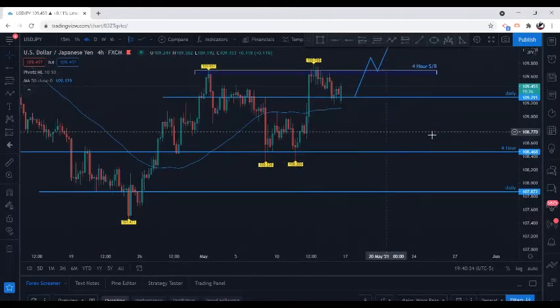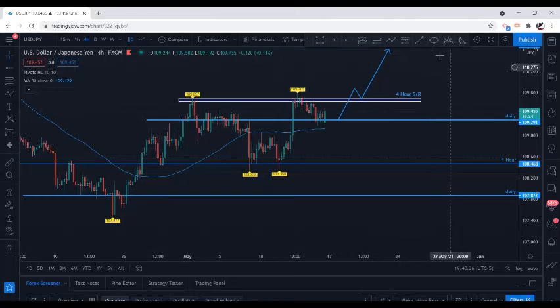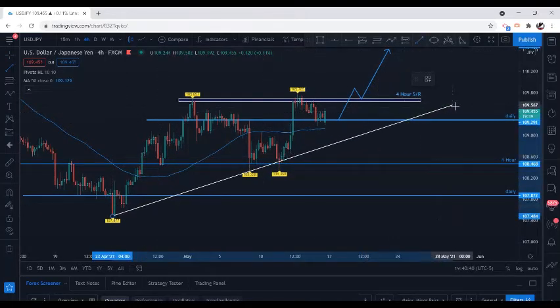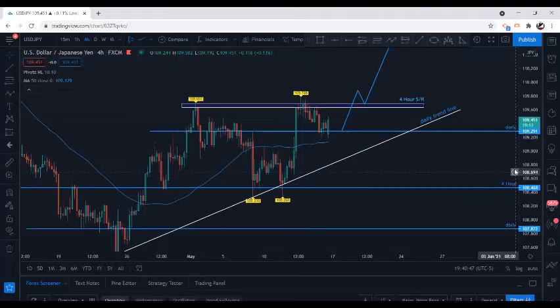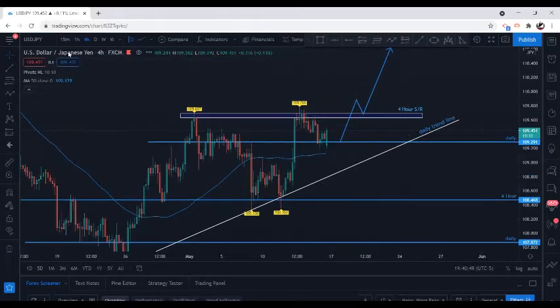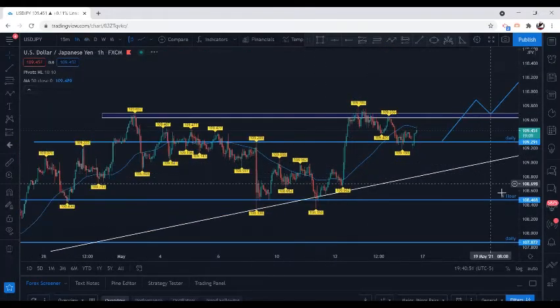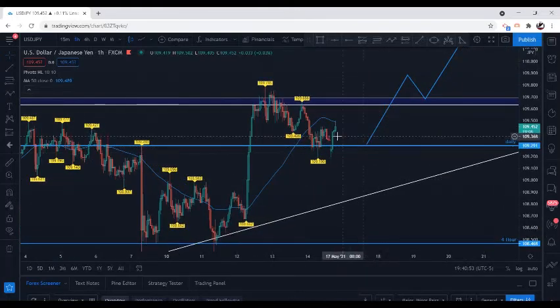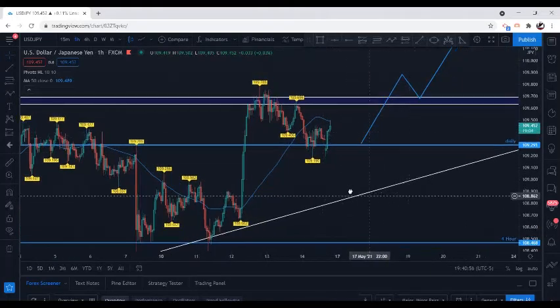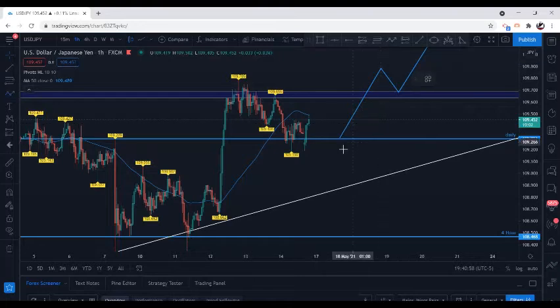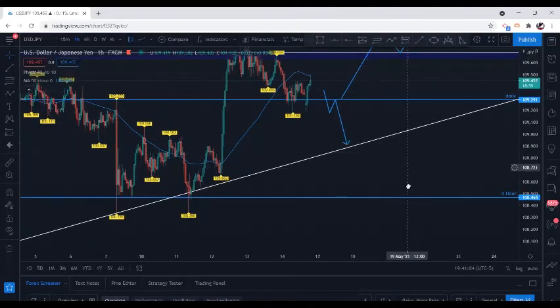But for now, I am bullish on UJ, because as you can see on all time frames, price is in an uptrend. Until price breaks below this level right here, I am still looking for buys, but below this level we can see sales coming back down to this trend line.